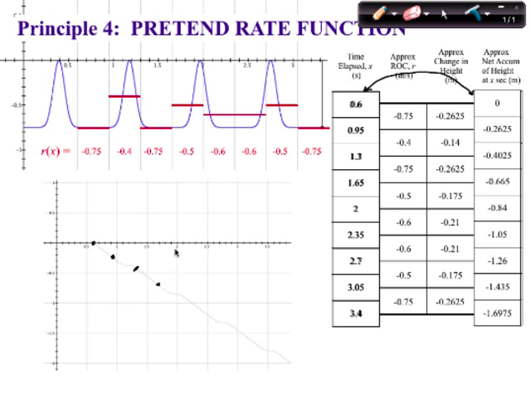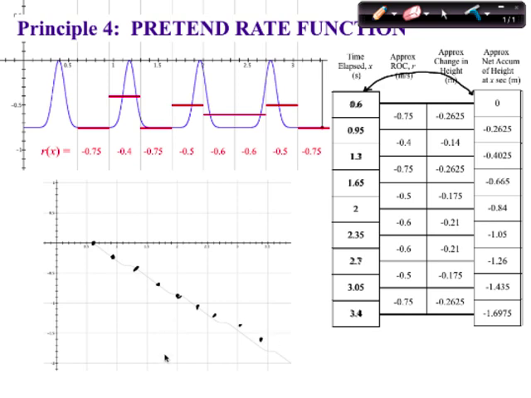Negative 0.84. Negative 1.05. Negative 1.26. And where's that? 2.7. Negative 1.435 at 3.05. And negative 1.7. How'd I do? Pretty close.